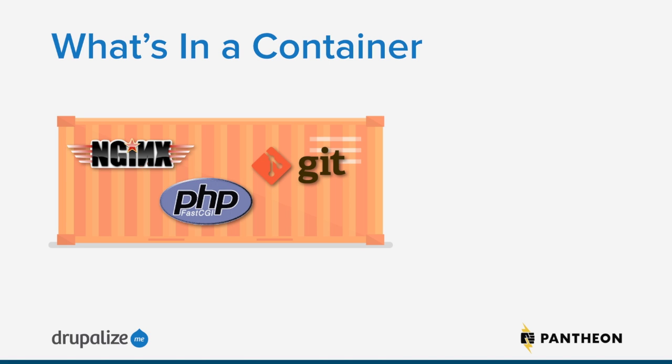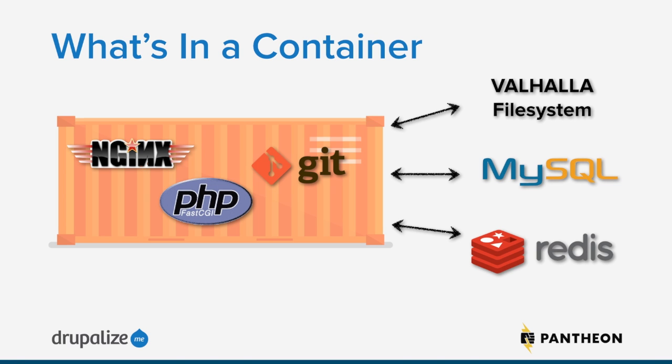And then finally, there are a number of service bindings to additional services that you would need. Valhalla is the name of the Pantheon file system. You also have MySQL databases, of course. You have Redis caching and other services like that. So your container has these basic pieces for essentially running your website. And you also have these bindings to all the other additional services that you would need.